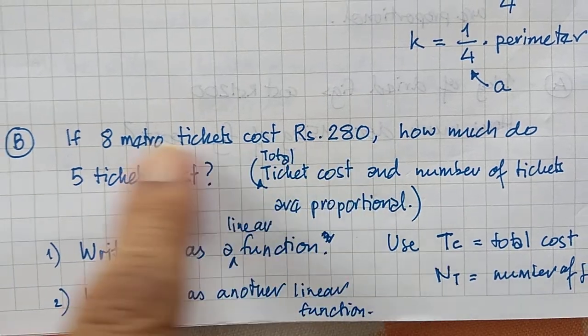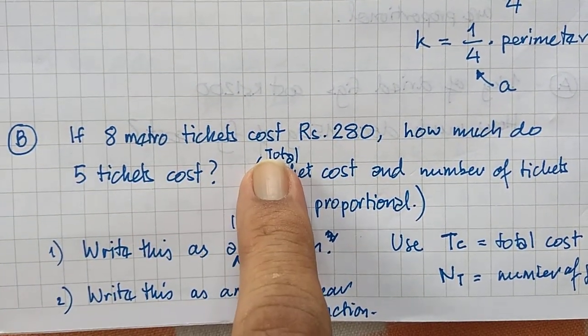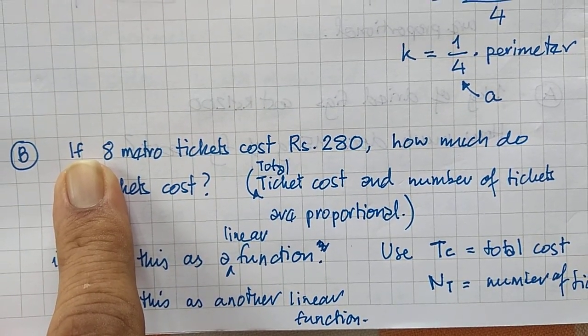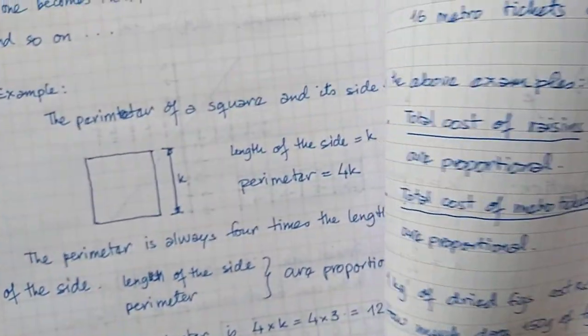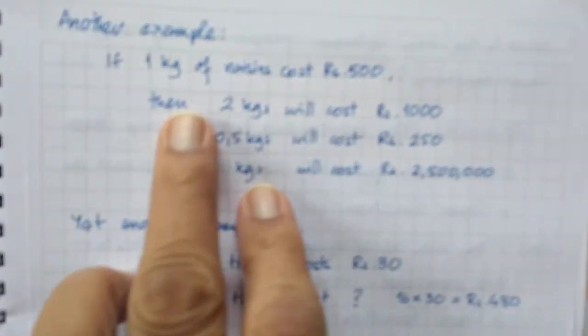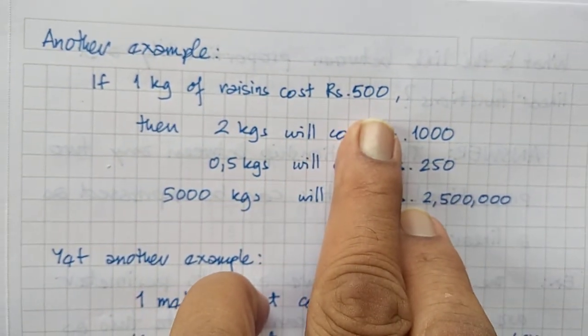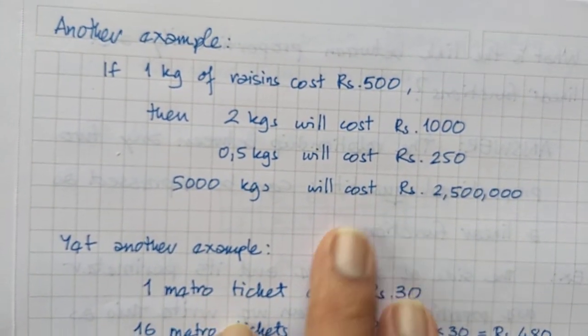If here also, if each ticket costs 0, then... not this example. Yeah, we can take this example. If 1 kg of raisins costs 500 rupees, then how much will 0 kgs cost? 0 kgs will cost 0.